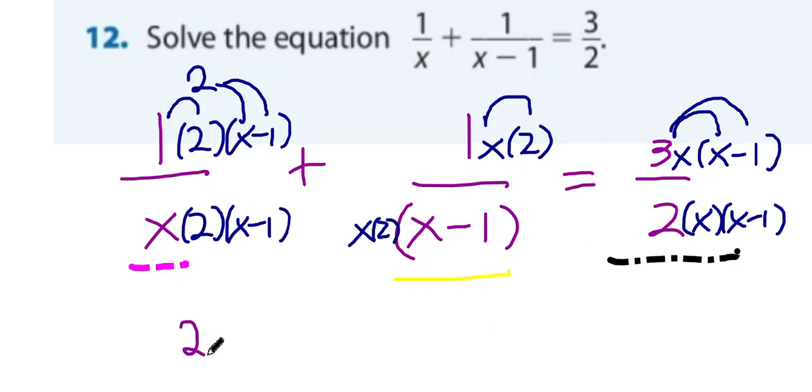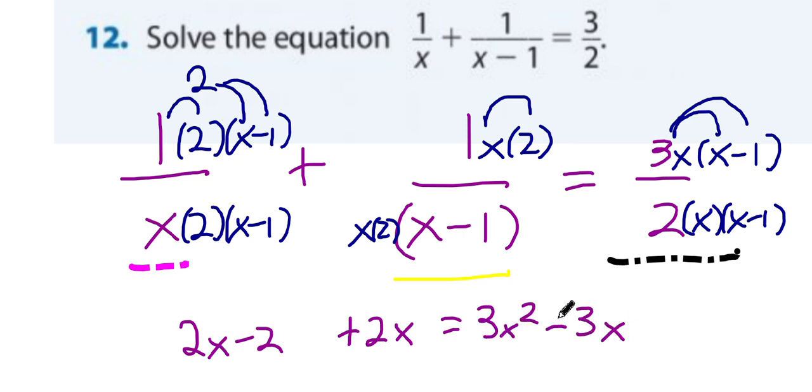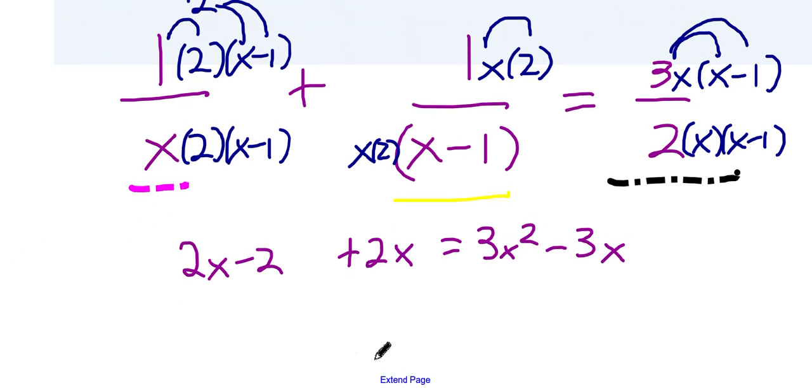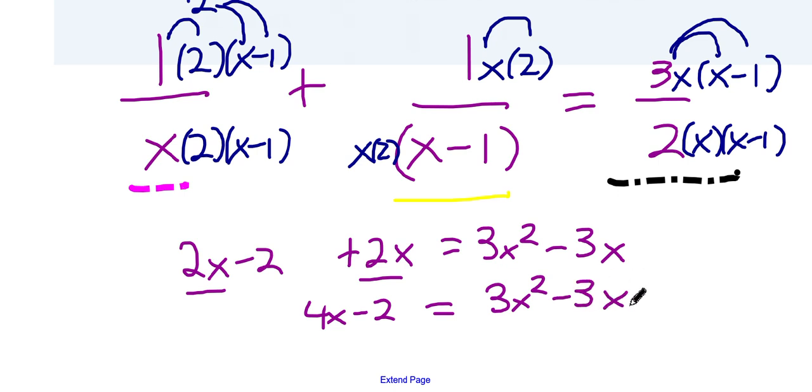Okay, who got 2X minus 2? A 2X. And then a 3X squared minus. Now, here's the bad news, okay? We'll add them together and we'll get 4X minus 2 and 3X squared minus 3X. Is that okay?